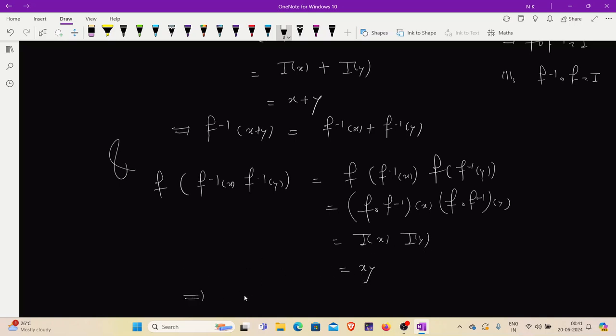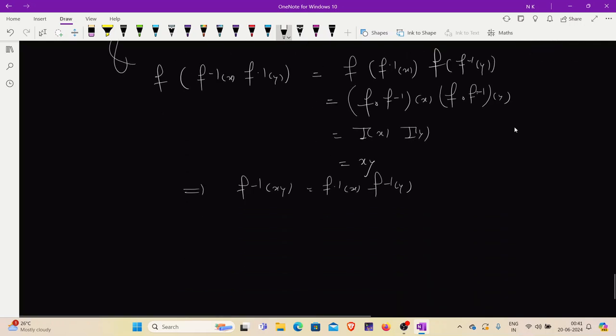So using the definition, this implies f inverse of xy is equal to f inverse of x into f inverse of y, right? So it clearly means that the set of automorphisms is a group under composition.